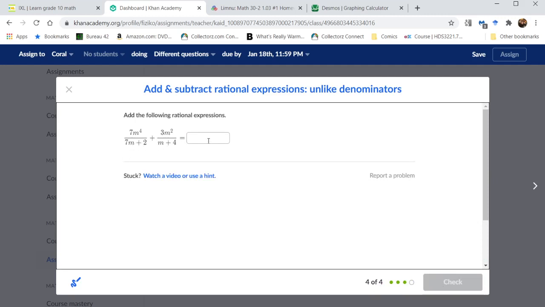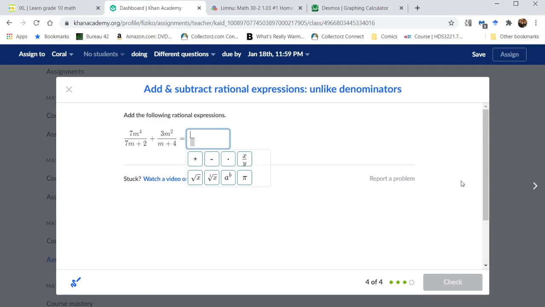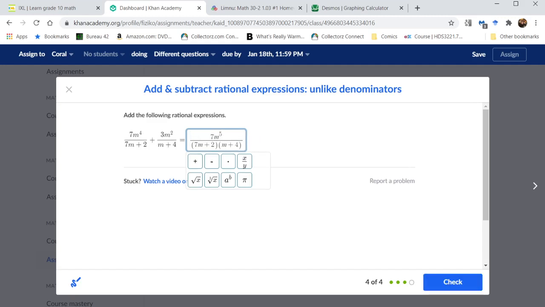Now here, we will do it again. We have that 7m plus 2, but that's in our denominator. 7m plus 2 and m plus 4 would be our common denominator. Now in our numerator, we have an m to the 5th term from the 7m to the 4th times m.